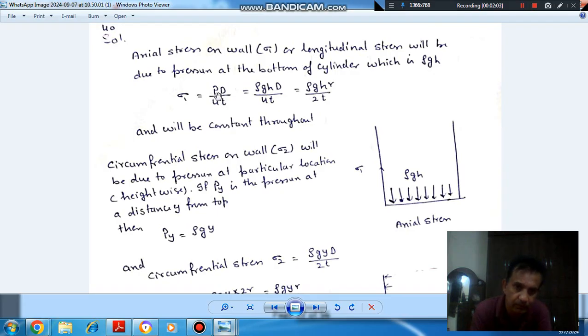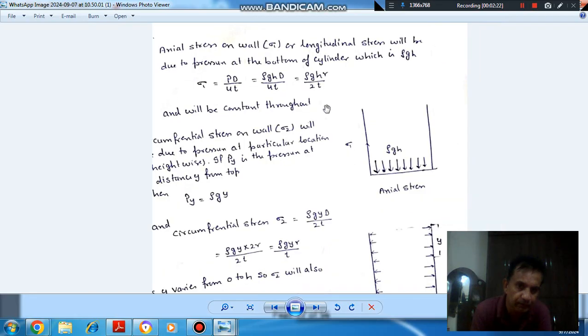So P is rho gh and D is 2r. So it will be rho ghr by 2t and it will be constant throughout the length of the cylindrical vessel. So the magnitude is rho ghr by 2t.